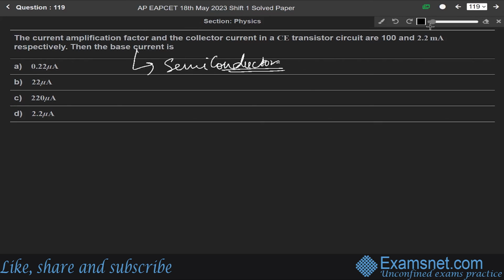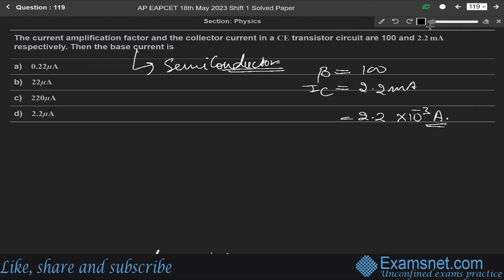We are given beta, the amplification factor, as 100, and collector current IC as 2.2 milliampere, meaning 2.2 into 10 to the power minus 3 ampere, and it is asking about the base current.